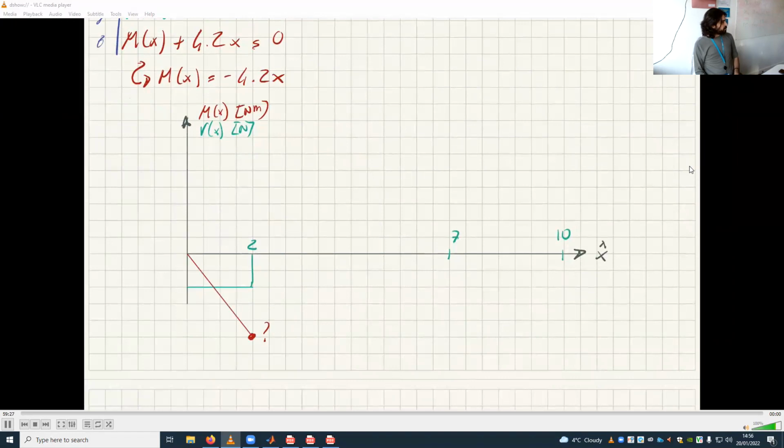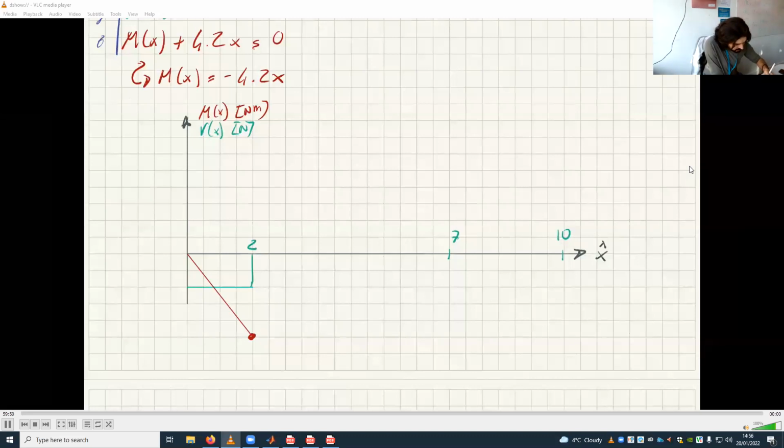Well, it's minus 4.2 times 2, which is 8.4. So minus 8.4. What are the units? 4.2 is kilonewtons, so in this case it's kilonewton meters. Since we want it in Newton meters, the answer is minus 8,400 Newton meters.